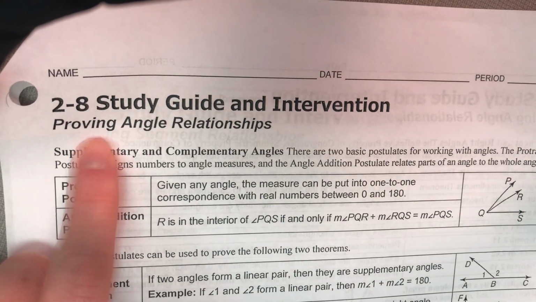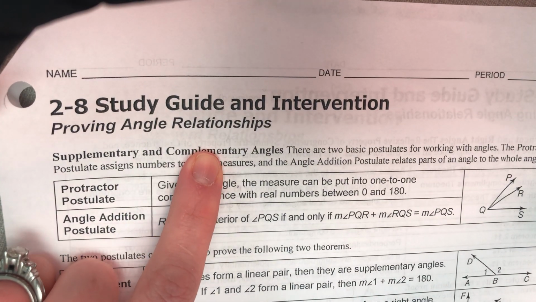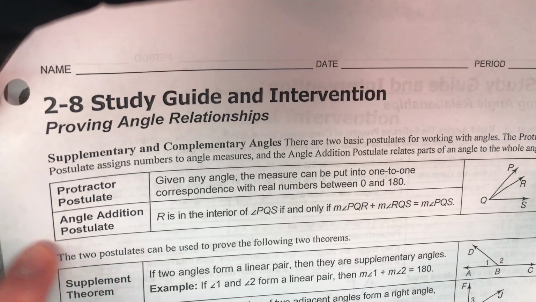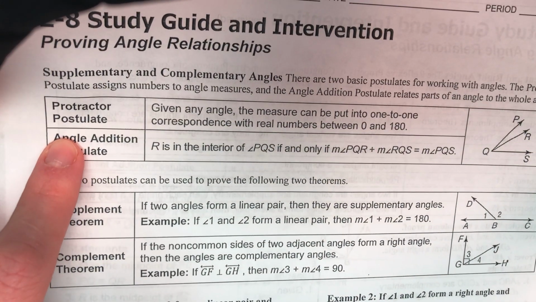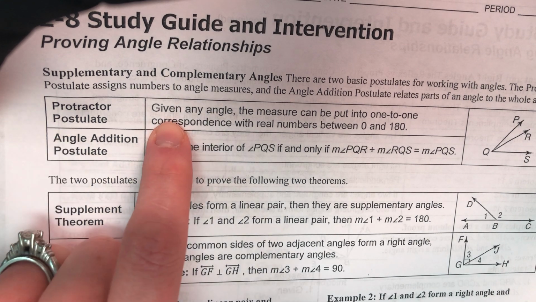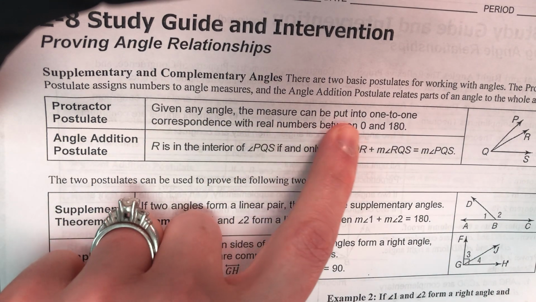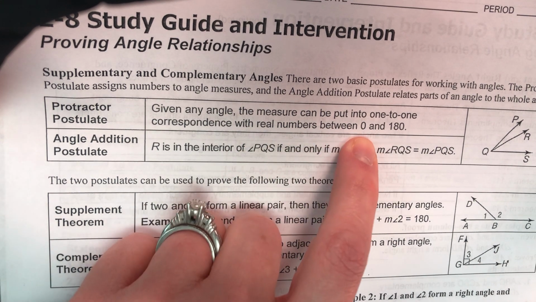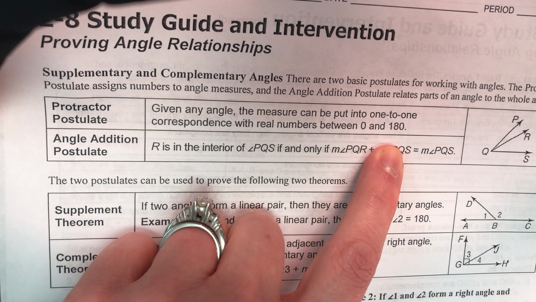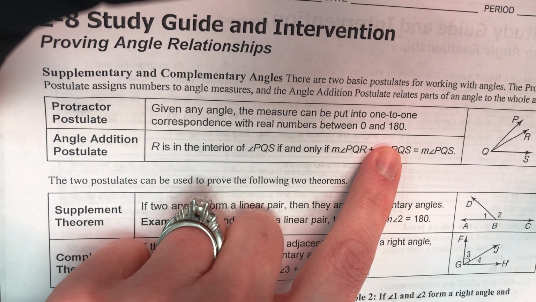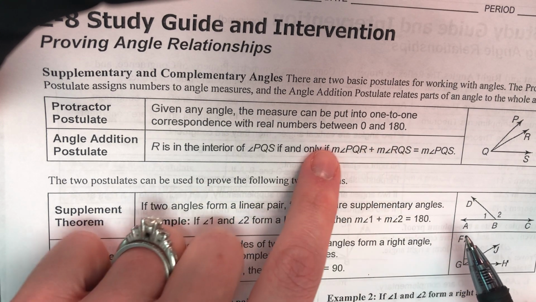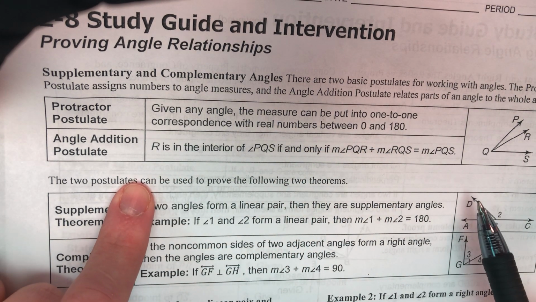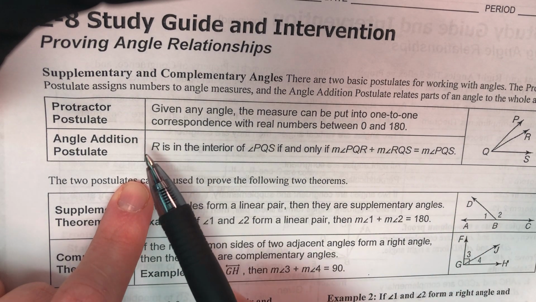Next, we're going to go on and look at proving angle relationships. So that was about segments. Now we're going to do some work with angles. We have a protractor postulate which says, given any angle, the measure can be put into one-to-one correspondence with real numbers between 0 and 180. So that's just allowing us to set up a measurement system of angles from 0 to 180 degrees for a straight line.